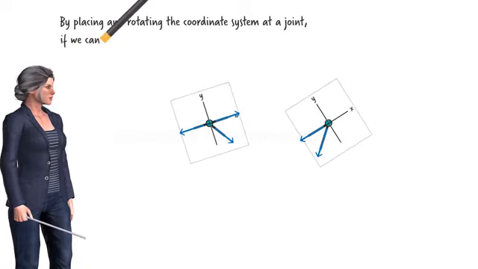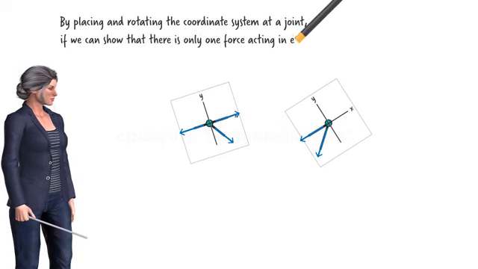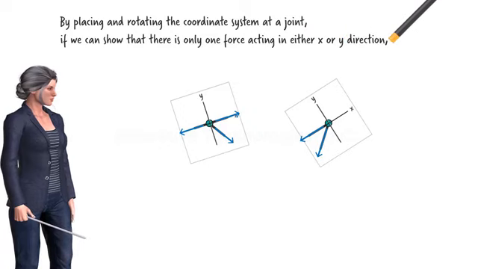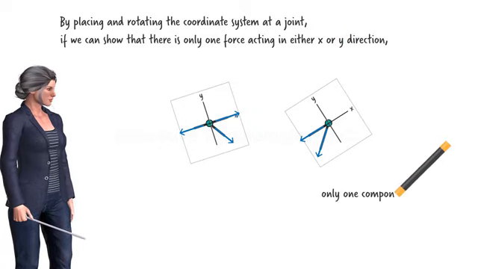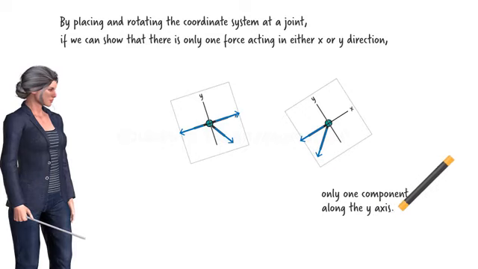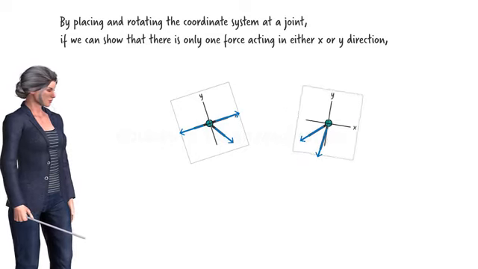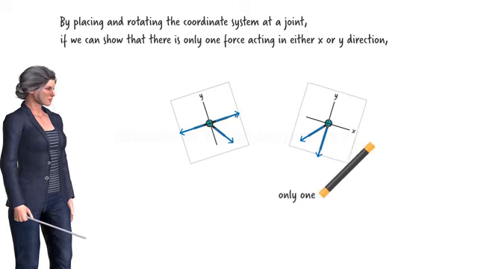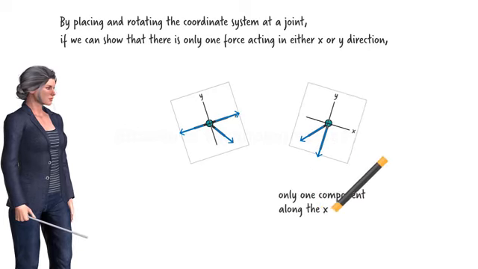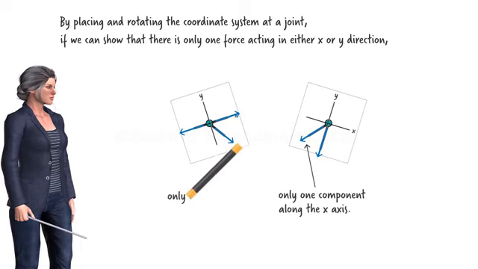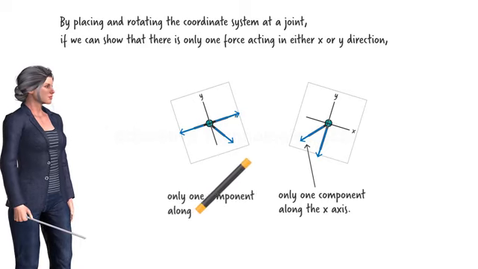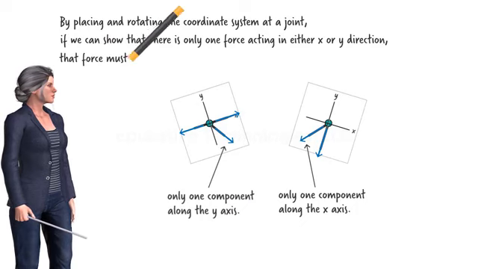If we can show that there is only one force acting in either x or y direction, that force must be zero, and the member associated with it a zero-force member.